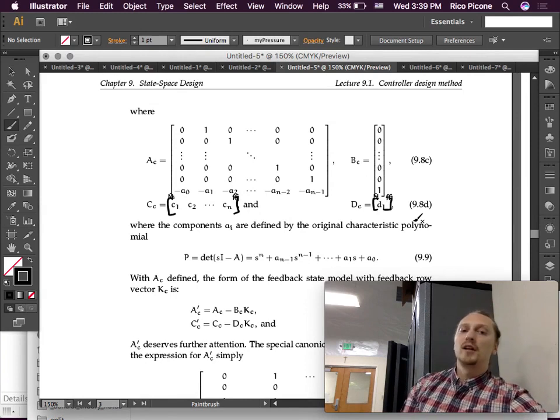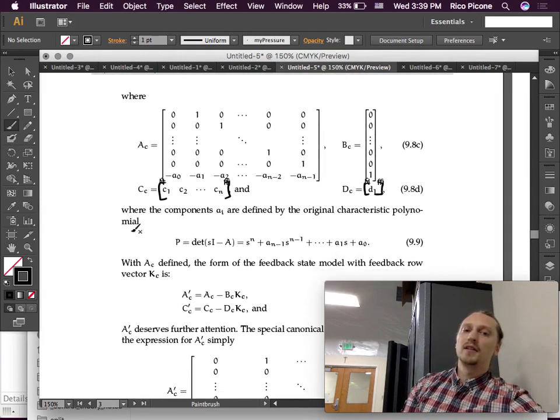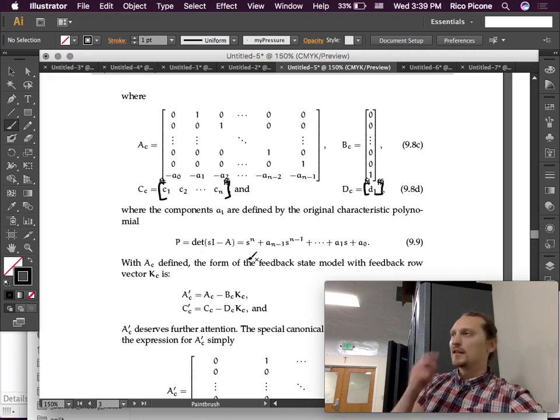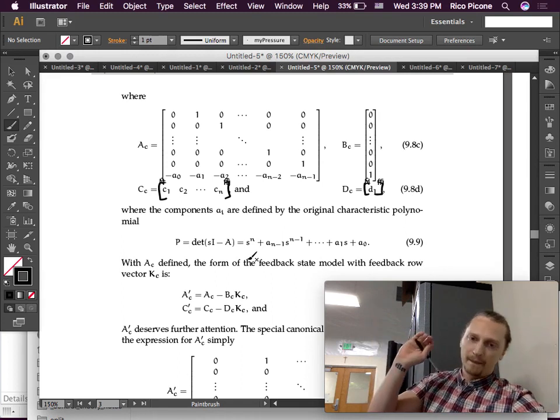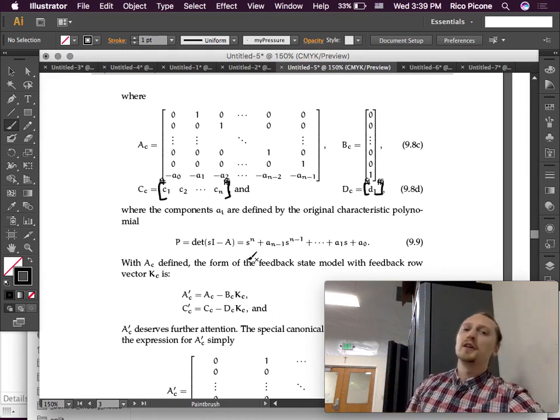The a_i are defined by the original characteristic polynomial, which is the determinant of sI minus A, because the characteristic polynomial is invariant.